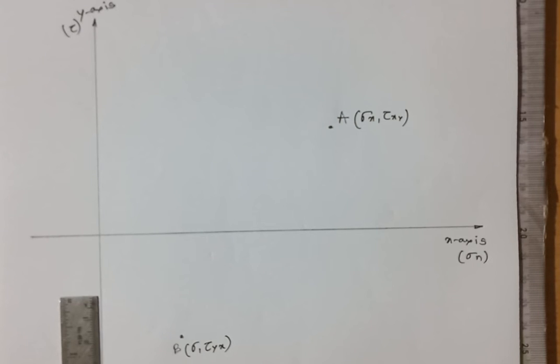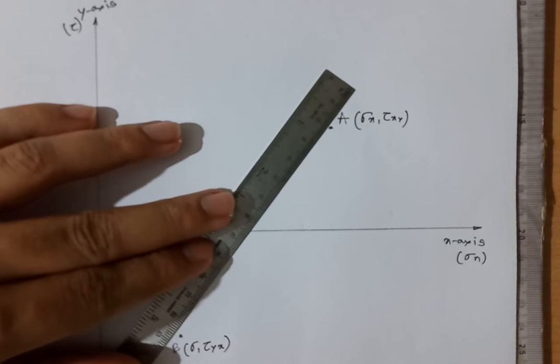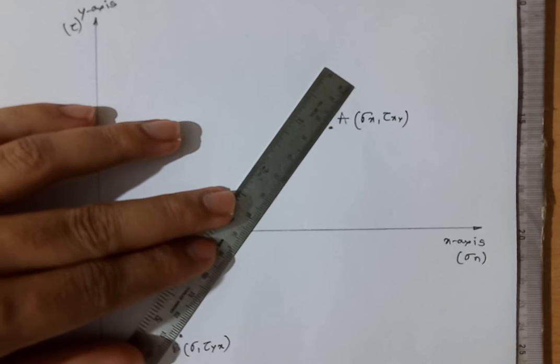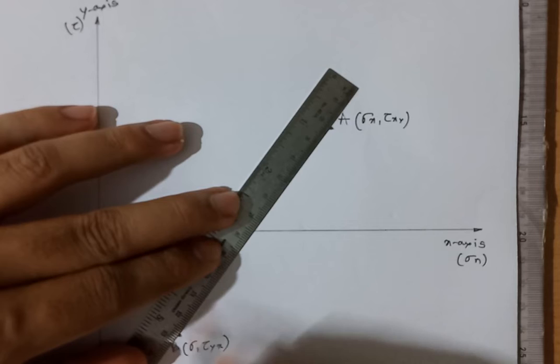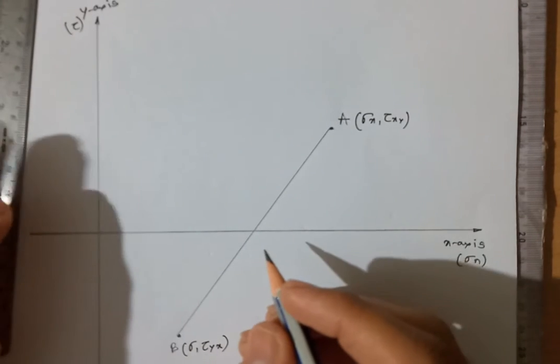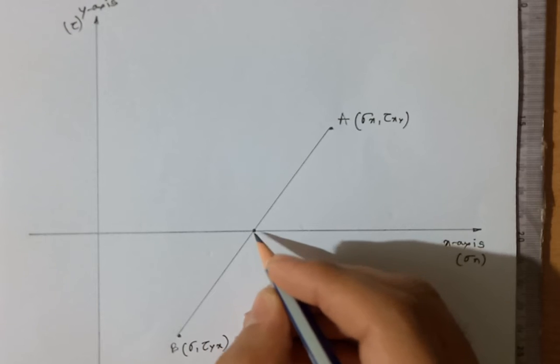Now next I need to find out the normal stresses as well as principal stresses. So in order to do that, I'll join these two things. I'll join these 2 points. Right? And this I'll take as the center.